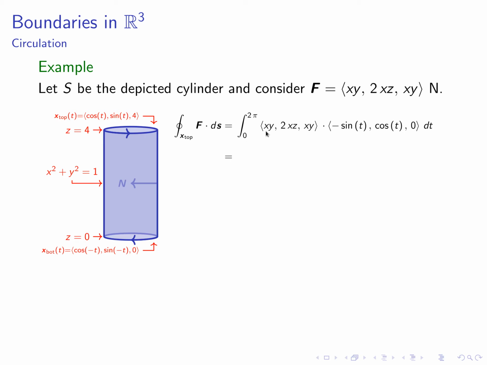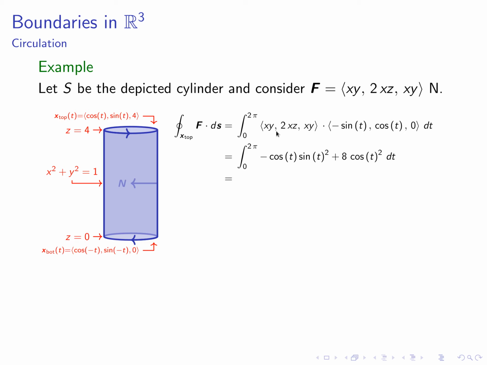Now, the vector field is written in terms of x's, y's, and z's, but the integral is with respect to t, and here we need to replace each x with cosine t according to the parametrization. We need to replace each y with sine t according to the parametrization, and we replace each z with 4 according to the parametrization.